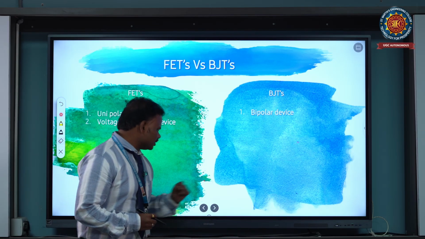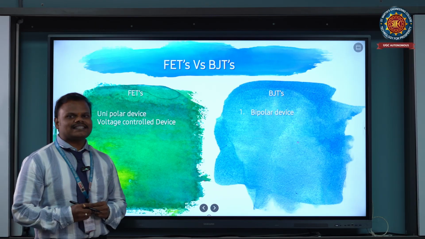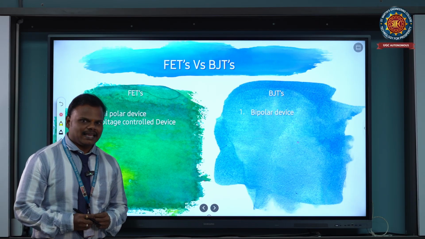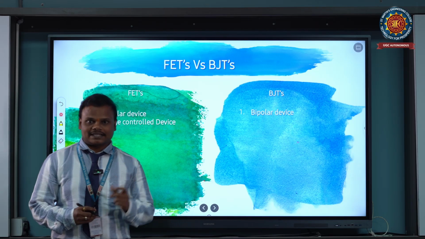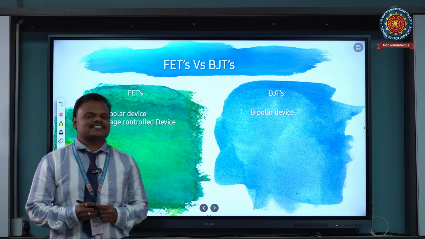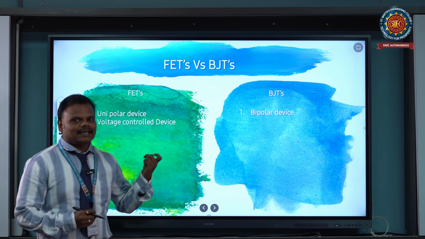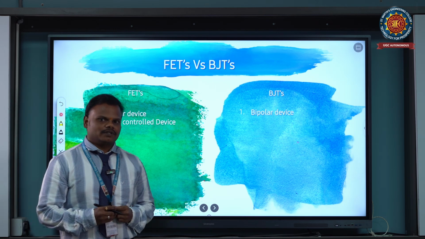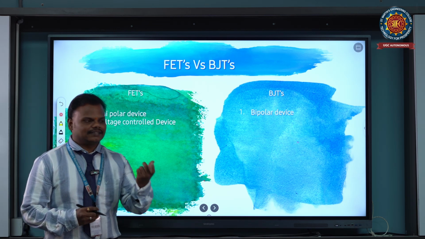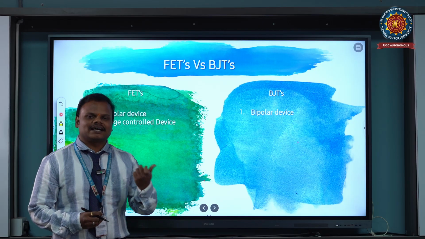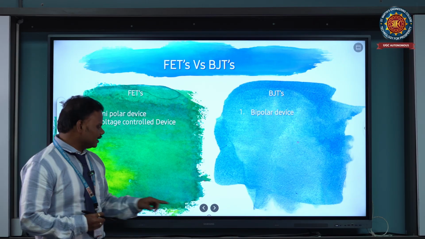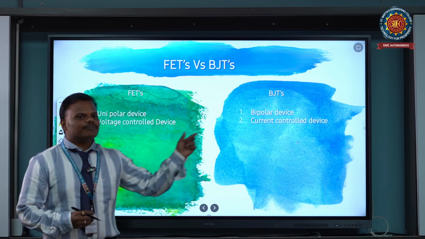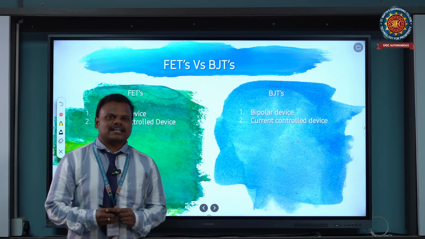Coming to the next one, the FET is a voltage controlled device, because the conduction is controlled by the applied input field. Due to that field, we are able to control the output current. Hence it is named a voltage controlled device. The BJT is a current controlled device.